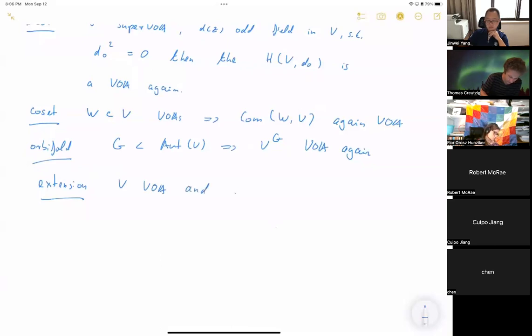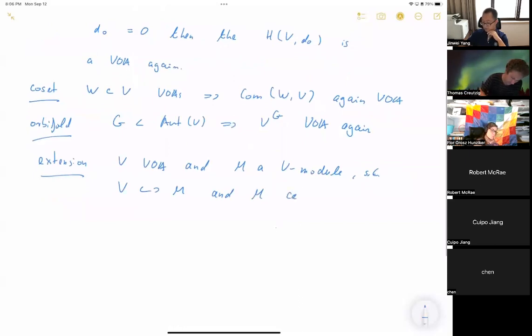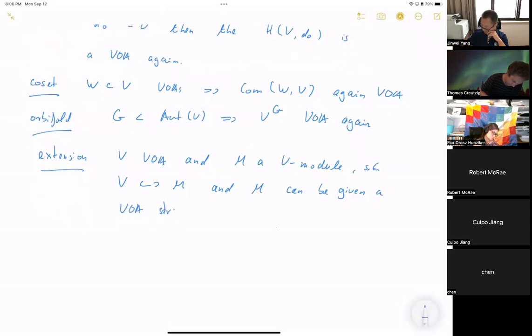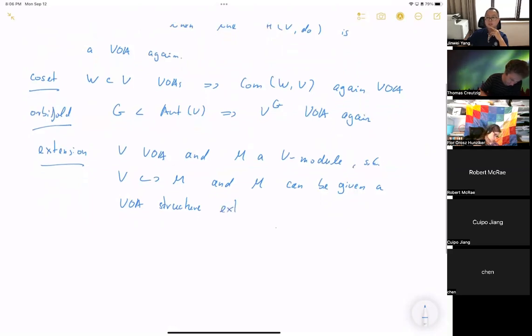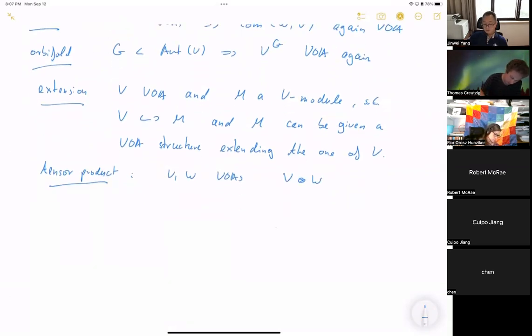Given a VOA V and a module M for it, such that our VOA embeds in M, then sometimes, in fact very rarely, M can be given the structure of a VOA itself, extending the one of V. And this almost exhausts our constructions. The simplest one is just if we take two VOAs, then their tensor product is also a VOA again.